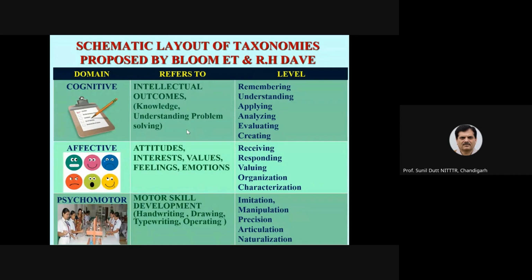And then the third domain is referring to hand and head coordination, that is skills, psychomotor domain. It has 5 levels: imitation, manipulation, precision, articulation, and naturalization. Now, we are limiting today's session to cognitive domain only.